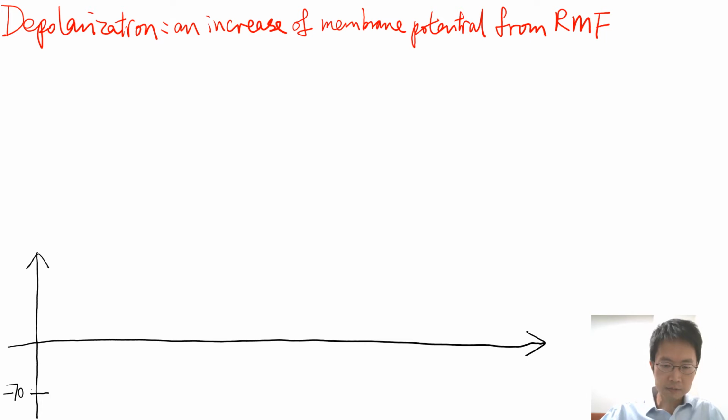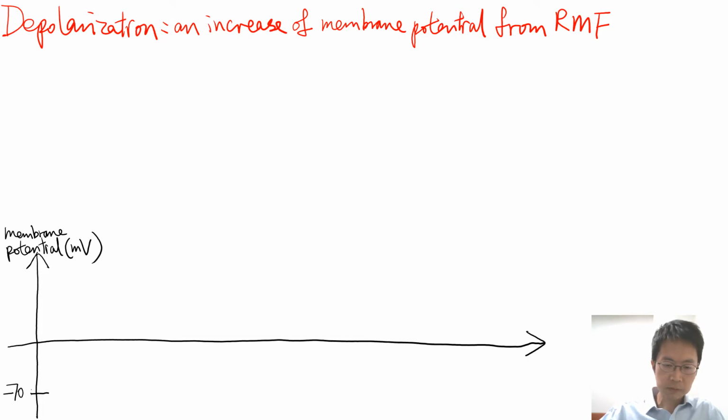The y-axis is the membrane potential in terms of millivolt.